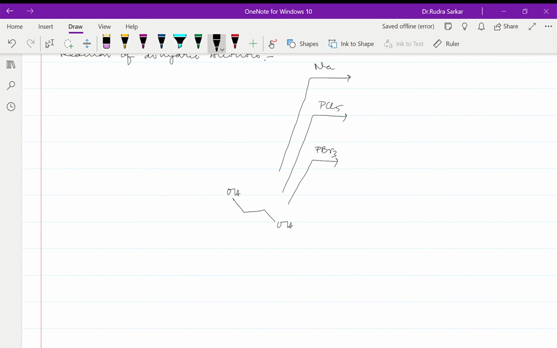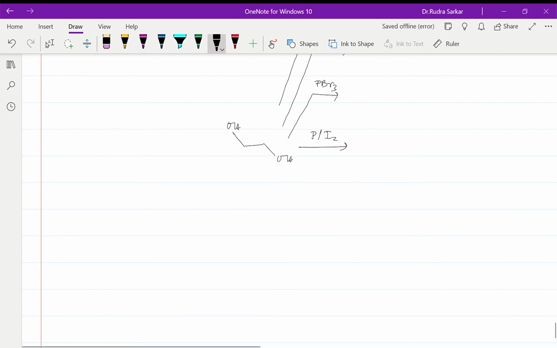Okay. If I give you PI3, PI3 is not very stable. I need to use phosphorus with I2 basically. HCl, 100 degrees centigrade. Okay.